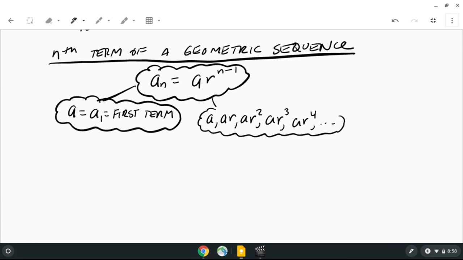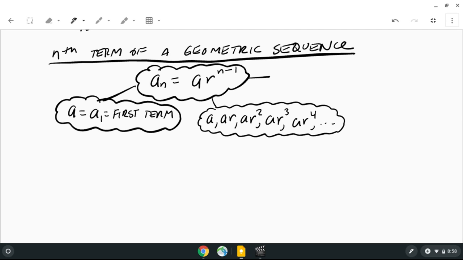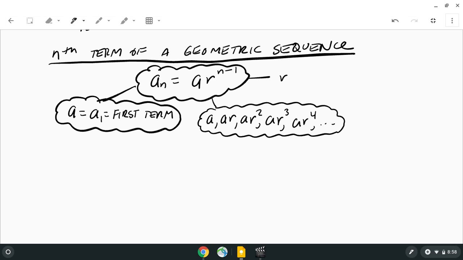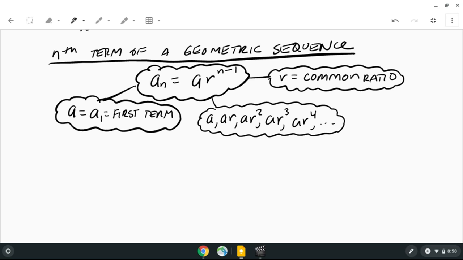And we're going to be using this to find specific terms when we're not given the first term. Kind of like with the arithmetic. Okay, and r is the common ratio.